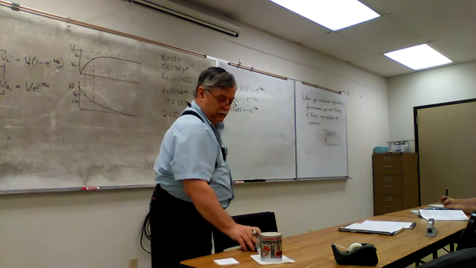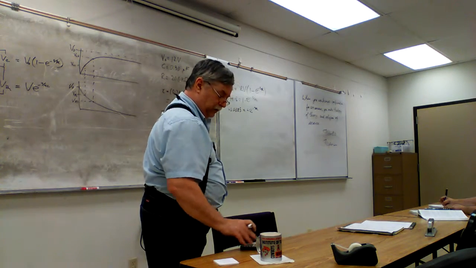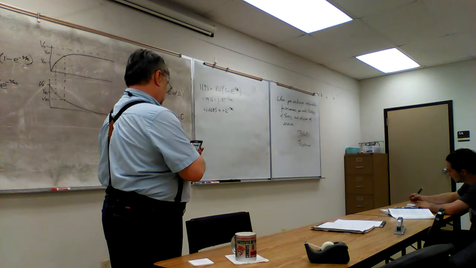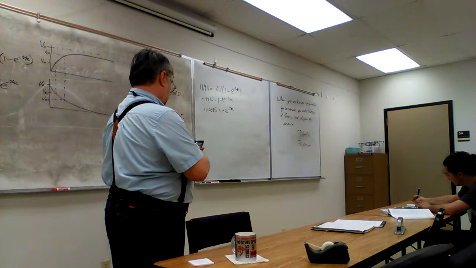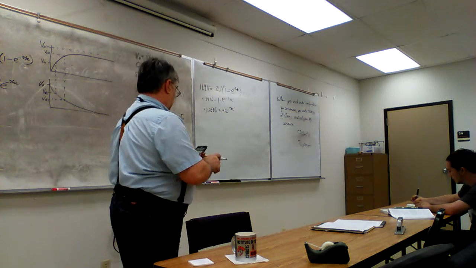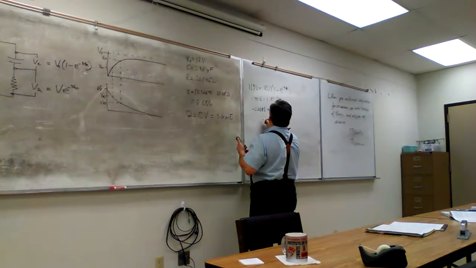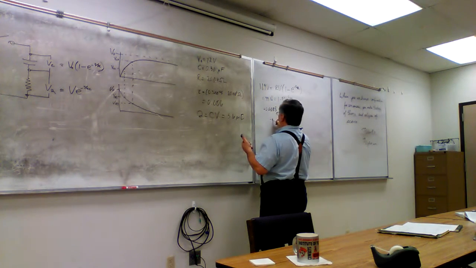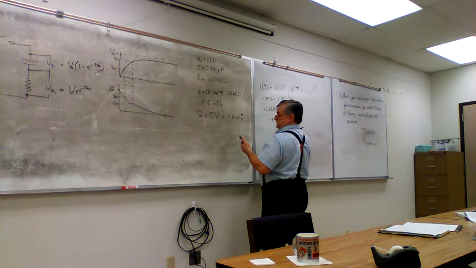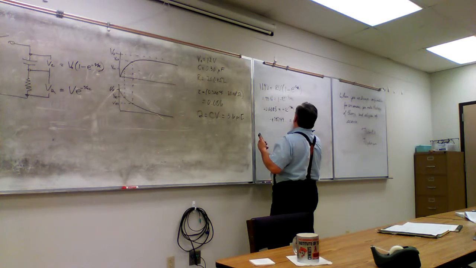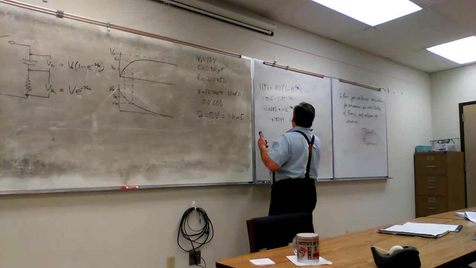What if we take the natural log of both sides? That's right. We take the log of both sides and we get minus 4.78749 is equal to minus t over RC.